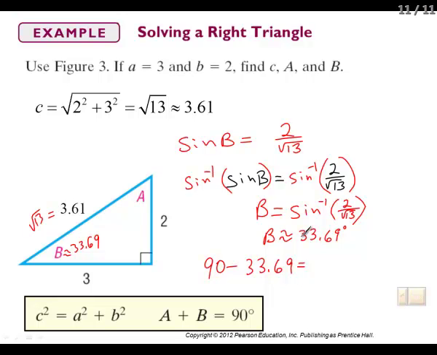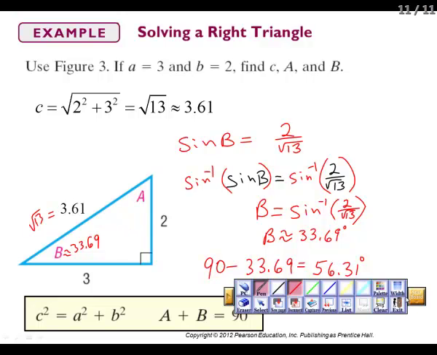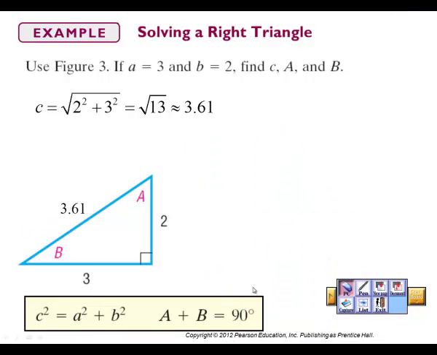And we get 56.309. So this will be 56.31 degrees. And now we've got all our sides, and we've got all our angles, and we've solved our right triangle.